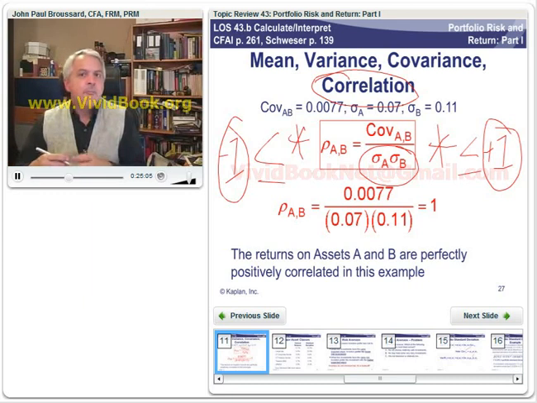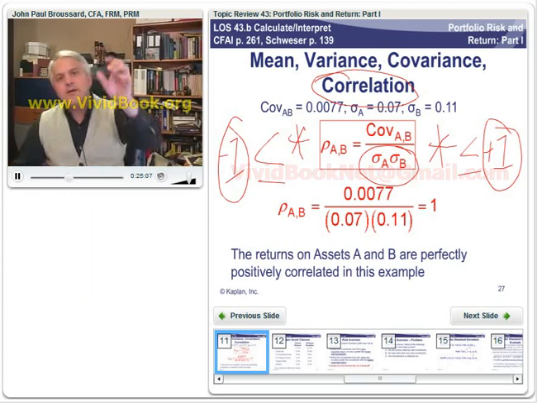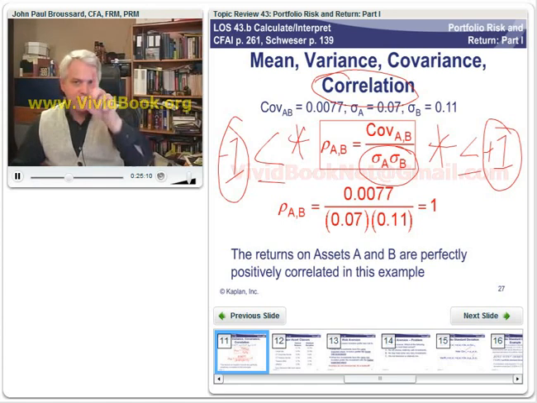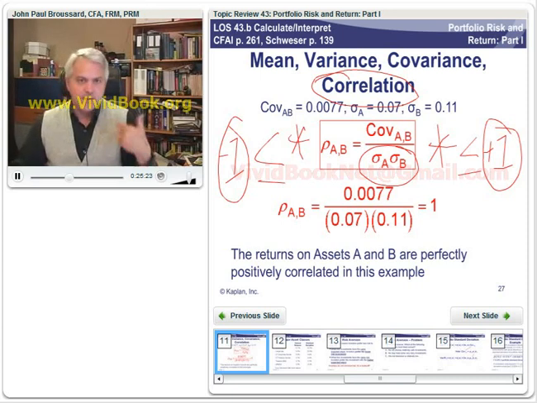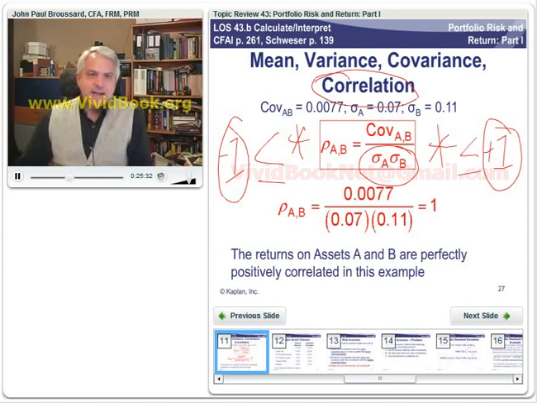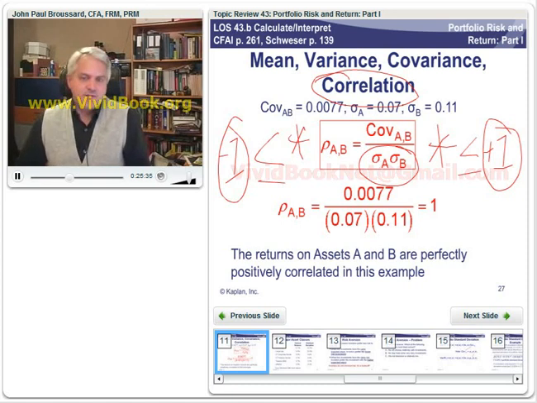All right. So the idea here is that we do the calculations to get 0.0077. Now notice the covariance in the numerator is in decimal terms, and the standard deviation in the denominator is in decimal terms. Make sure you stay in the same units. My preference, and I think it's always better, because when you're doing any nonlinear work, meaning you're cubing or squaring or dividing and multiplying, it's just better to stay in decimals than in percentages.